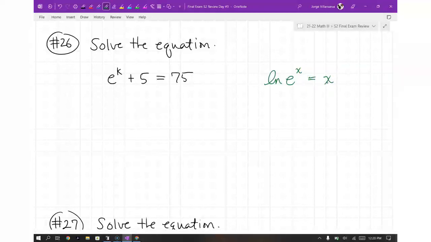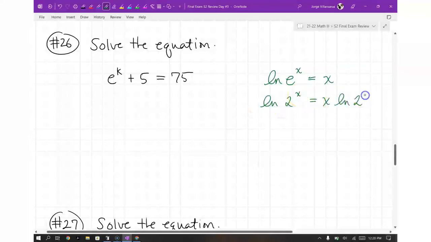Now, if it's not an e, let's say ln of 2 to the x, then your answer to that will be x ln of 2. Okay? Now, if you're wondering, why didn't the other one have x ln of e? It actually did, but ln of e, if you put it on your calculator, it equals 1. So it goes away. Okay?